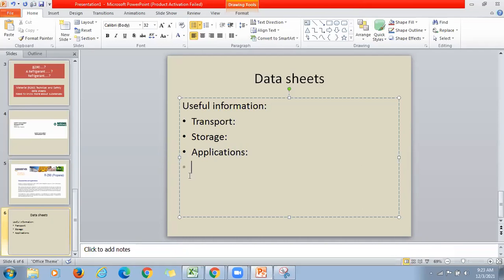What is specifically known to the people involved in transportation, storage and applications, we call data sheets. This is additional knowledge for you. So we will see further into the technical data sheet.